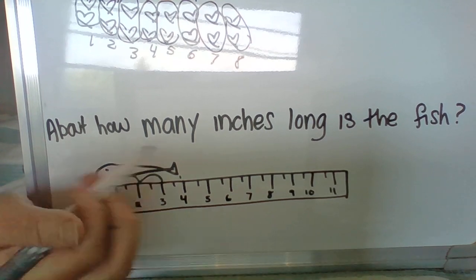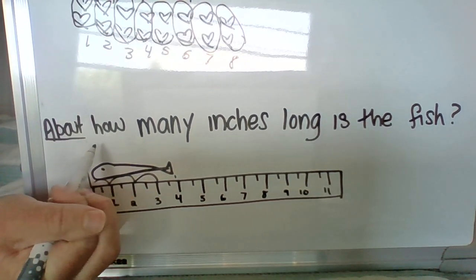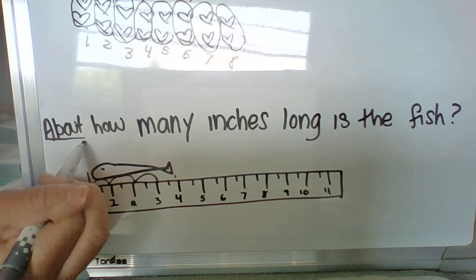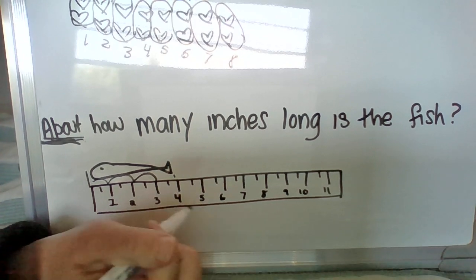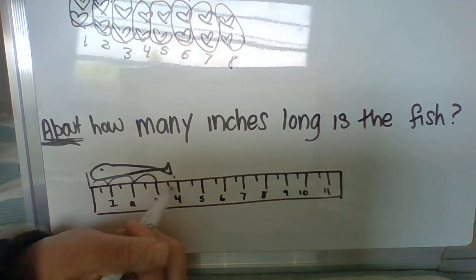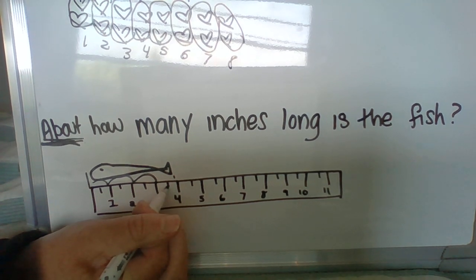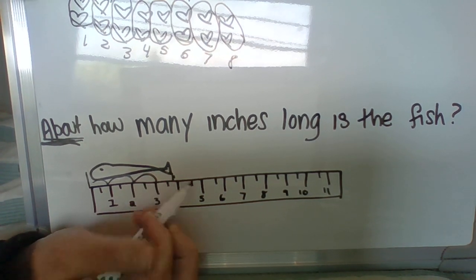I'm noticing that this question is about how many inches long is the fish. About means I need to estimate. So I see that it's bigger than three, but less than four. It's at this halfway mark. And I just ask myself, does the fish end before or after the halfway mark? Well, it's definitely after because it's almost four.